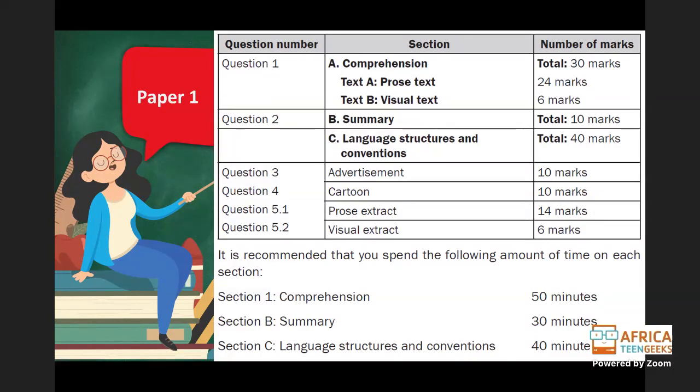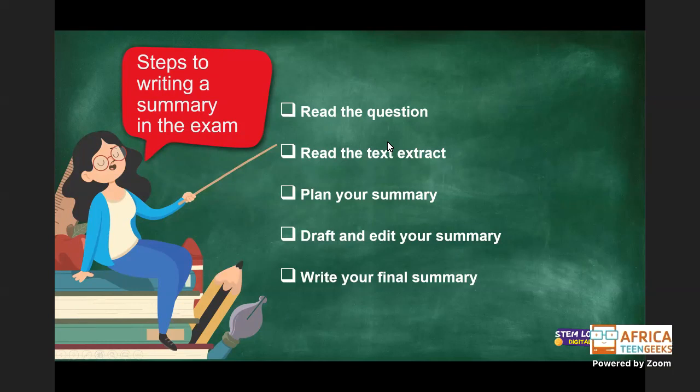It's got 6 marks, but marks are marks, guys, so it's important for us to also study how to answer that section as well. And then we move on to summaries. The summary would be 10 marks. And then we've got a section C as well, which we will start with tomorrow. So, just starting with the summaries.